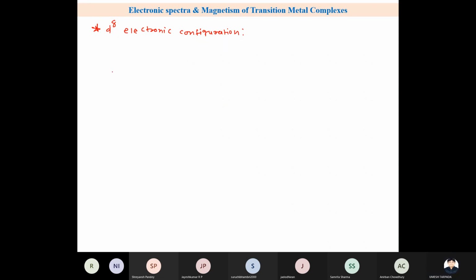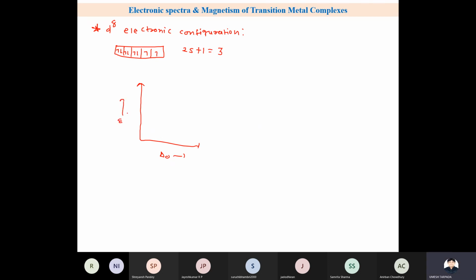Only the multiplicity, which is quartet here, gets changed. There are 2 unpaired electrons, so the multiplicity 2S plus 1 value is 3. The rest of the whole thing remains the same.